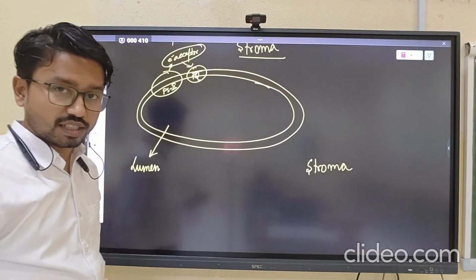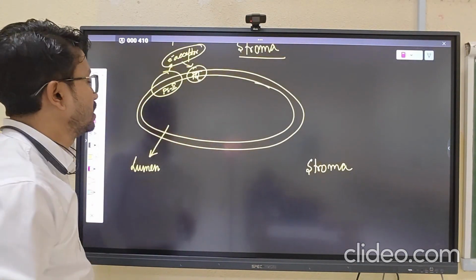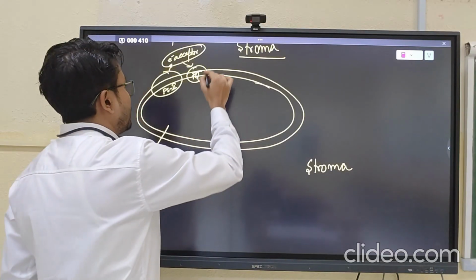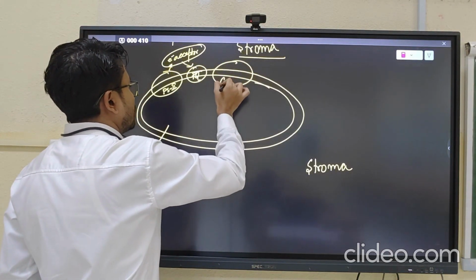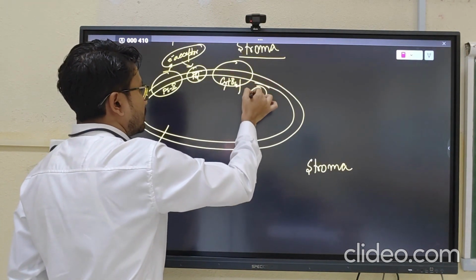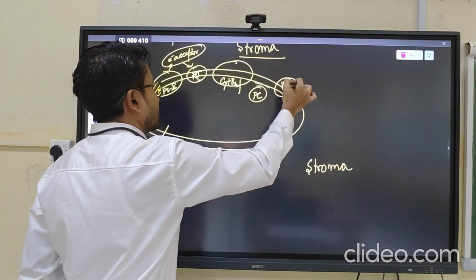It's not exactly an electron carrier, but for the sake of understanding, we will say that the electron is passed to a molecule that is plastoquinone, which then passes it to cytochrome B6F, then it passes to another molecule, plastocyanin, which then passes it to PS1.